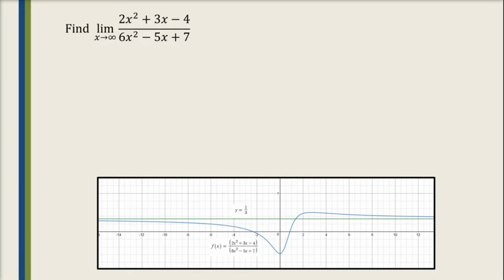And then I'm going to divide everything by x to that power. So really you could think of multiplying the numerator by 1 over x squared and the denominator by 1 over x squared. And so when we do that, every term is going to be divided by x squared.